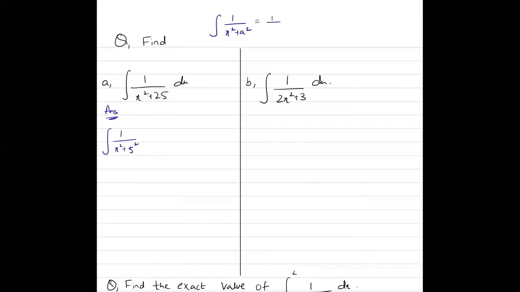The integration of this was equal to 1 upon a times tan inverse x upon a plus c. So over here, it's going to be 1 upon 5 tan inverse x upon 5 plus c.